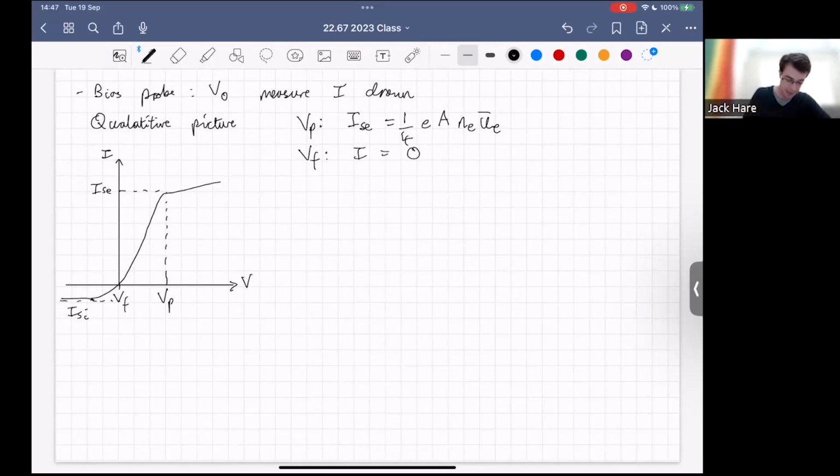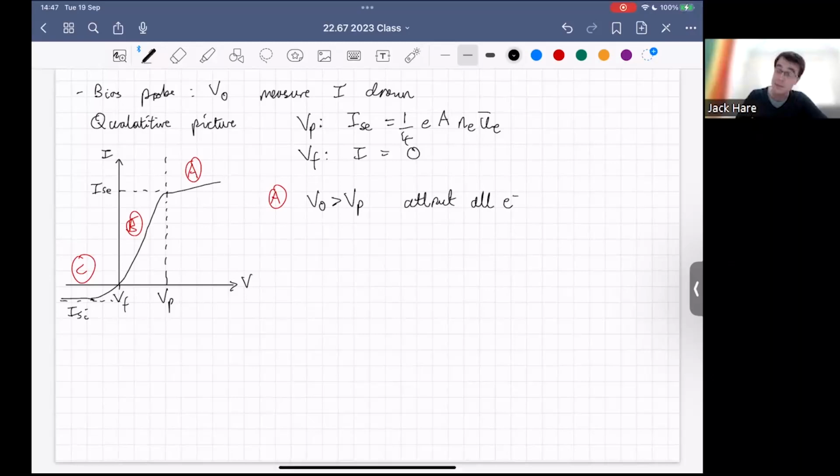Okay, but then there are three other regimes that I want to talk about, and I'm going to call them A, B, and C here. So let's start with A. A is when we have our probe potential greater than the plasma potential here. We're going to attract all the electrons. We're going to repel all the ions. And so we're just going to end up with basically the same current.